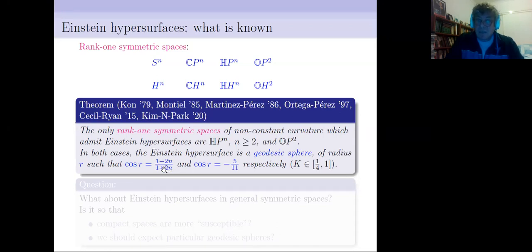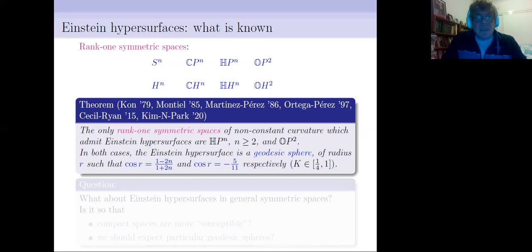It's this radius here and this square root of 5 minus 1, 1 some probably very important constant for the Cayley projective plane, provided we normalize our metric to have the curvature in between quarter and 1. Right.